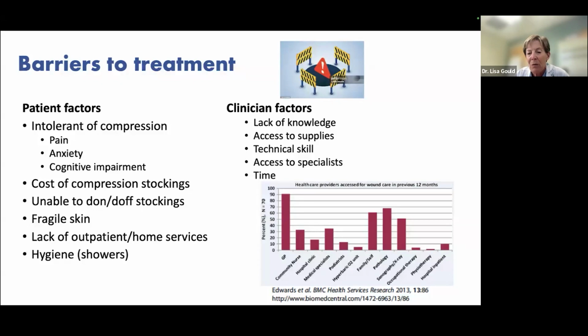The graph down on the bottom, however, shows where patients go for their wound care and who provides the access. And it's really the primary care doctors and the community nurses that are the front line. It's not people like Foy and I that are in a wound center. So if the front line makes the diagnosis, at least we can get the patients into a specialty clinic in some cases.